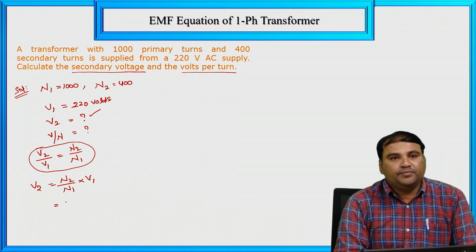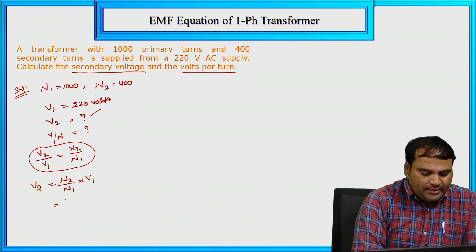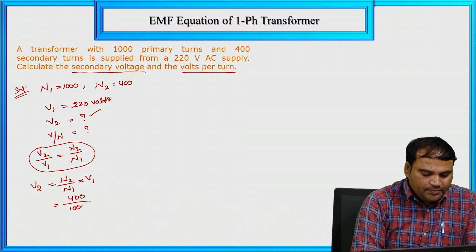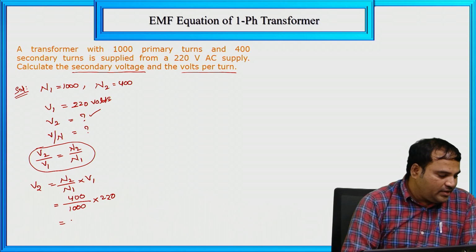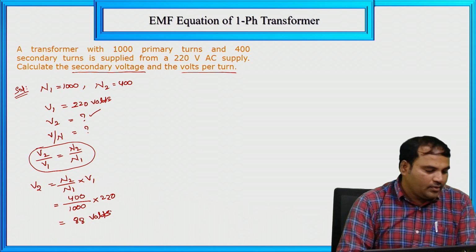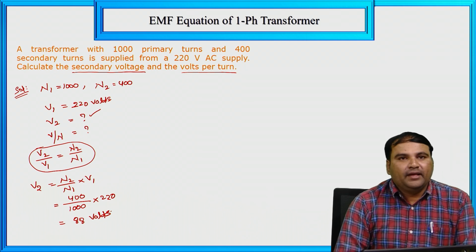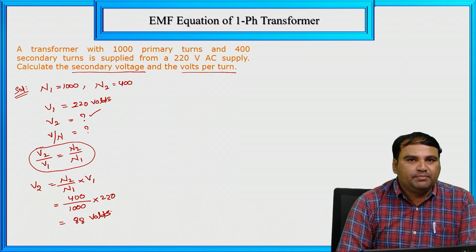That equal to, what is N2 value here? N2 is 400, N1 is 1000 into V1 220. Now by solving this equation we'll get 88 volts, right? So here is the secondary voltage.